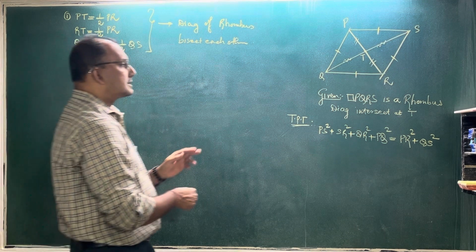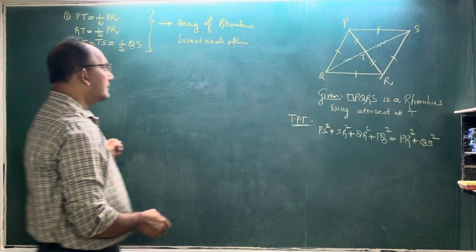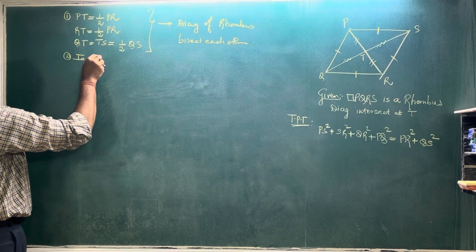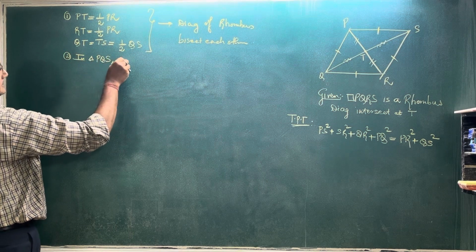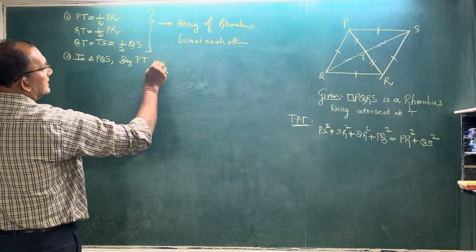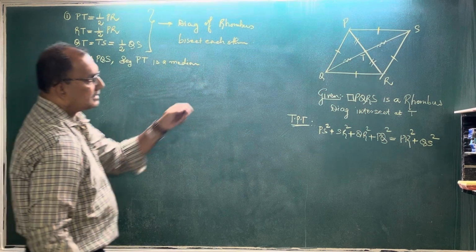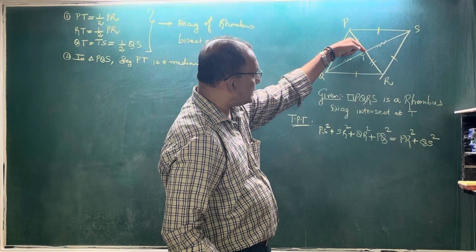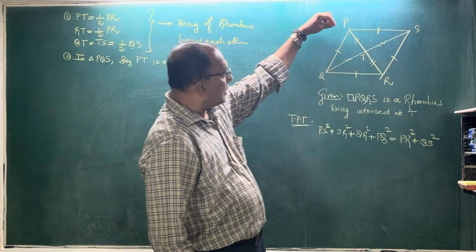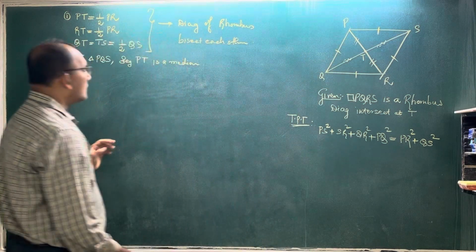Now please concentrate on triangle PQS. Okay, so point number 2, in triangle PQS, seg PT is a median. Is it right? PT can be a median because T is the midpoint of QS. So if I hold vertex P and apply Apollonius, what do I get?